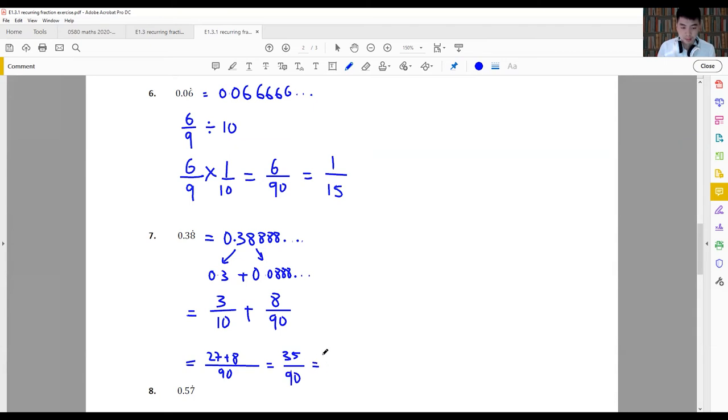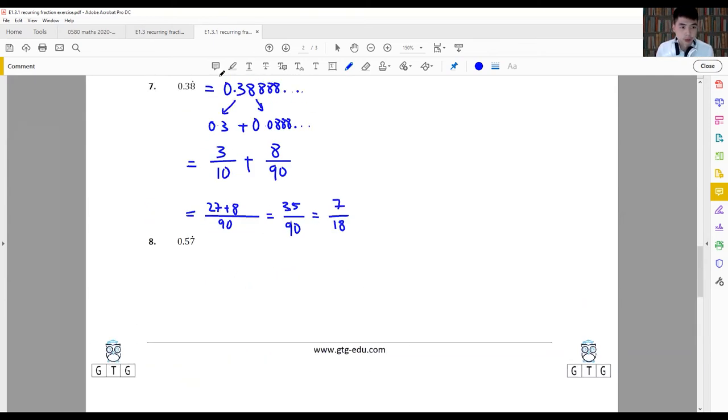Simplify this, you're going to get 7 over 18. And once you type into your calculator to check your answer, 7 divided by 18 will give you 0.38888, right? Okay. So just make sure you double check with your calculator here, 0.38888.